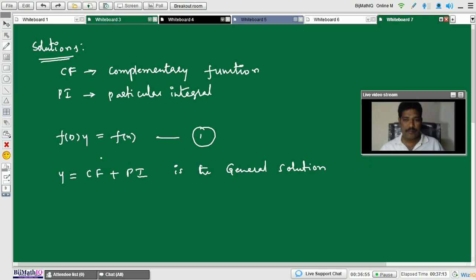Once again, general solution of y. Once again, if the function f of x is equal to 0, we need not find the particular integral. Just finding the complementary function is sufficient. Right. Next, first of all, how to find the complementary function?